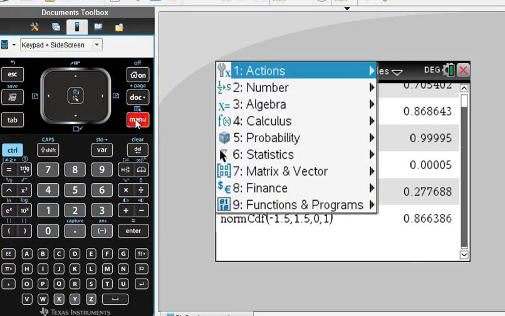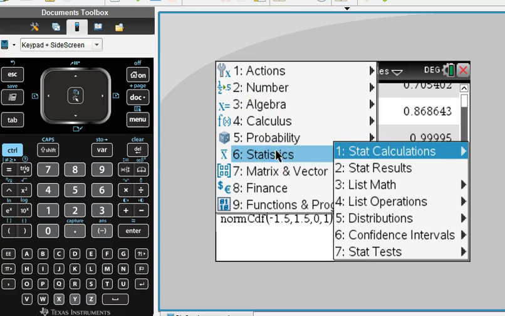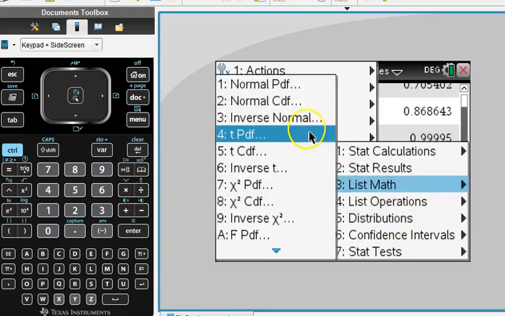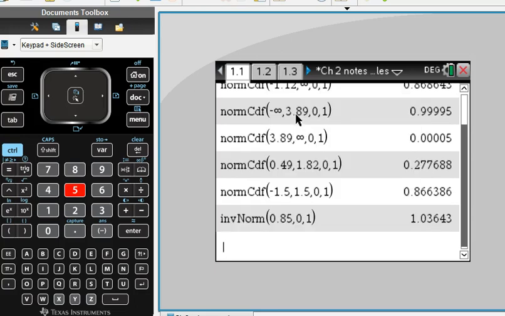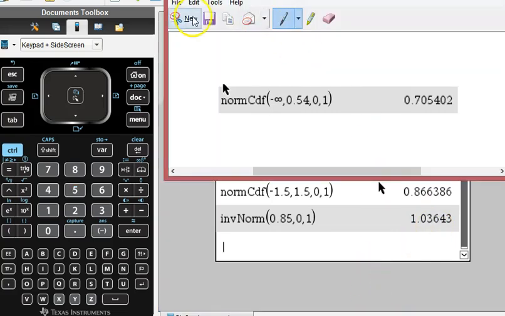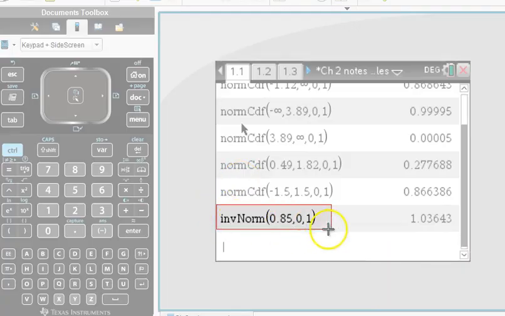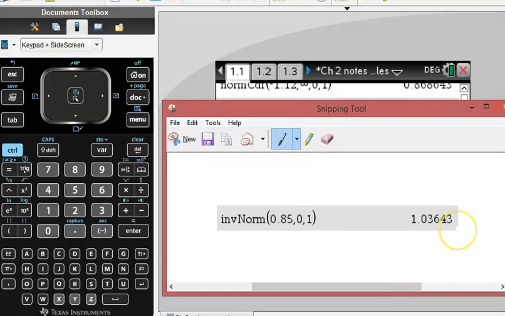So we're going to go to Menu, 6, 5, 3, inverse normal. And inverse normal asks for the area, so I put in 0.85, and then I have the 0 and the 1, and okay, and notice 1.036. Now remember we said 1.04 was closest, but it was in between 1.03 and 1.04. So now we know exactly what that value would be in between.